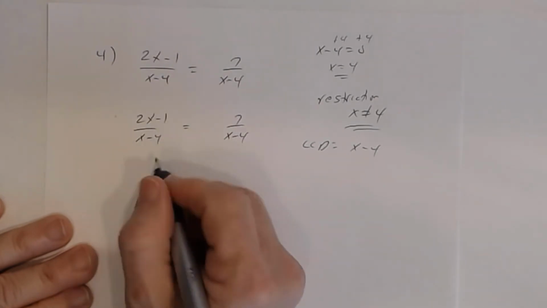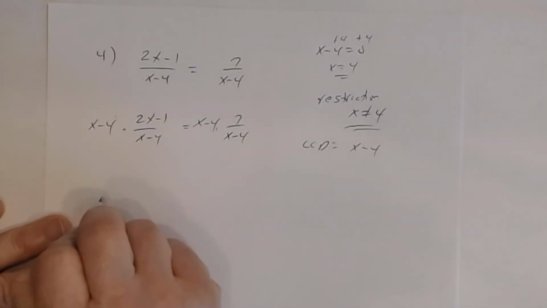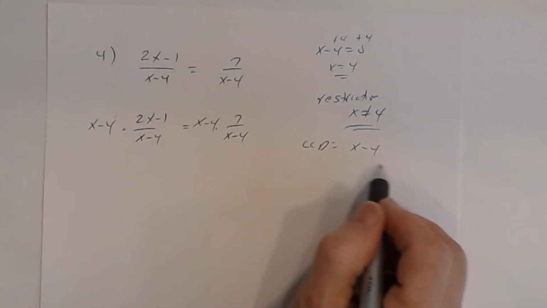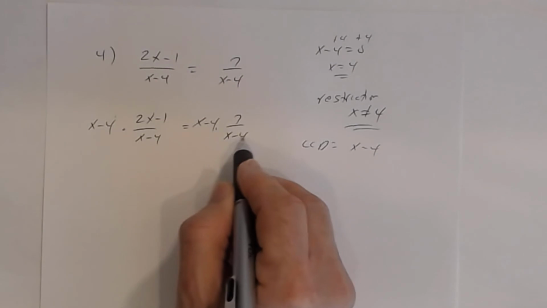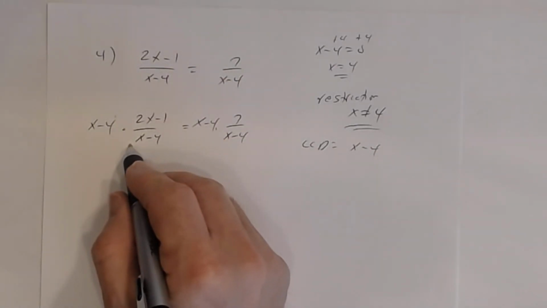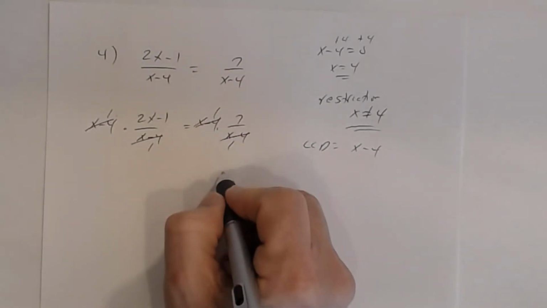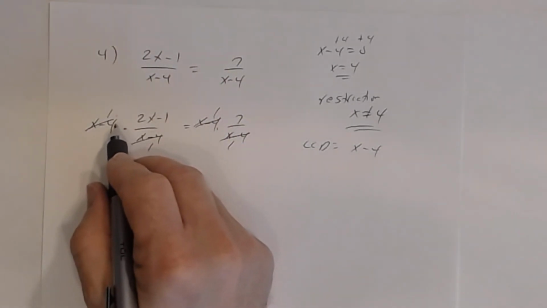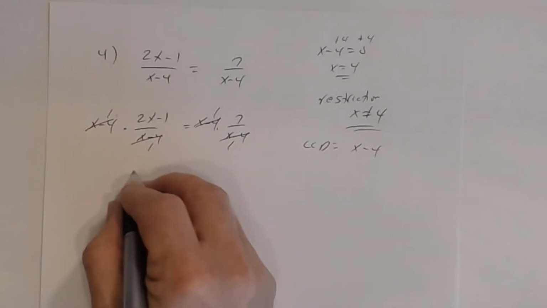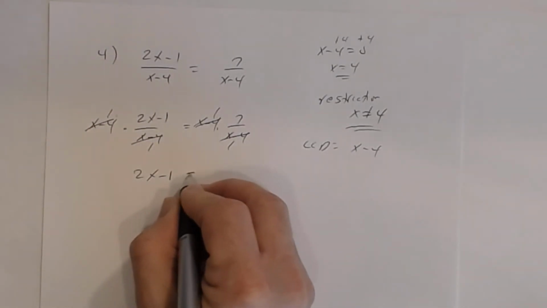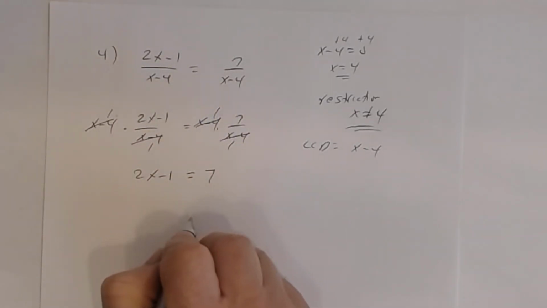So now I'm going to multiply both sides by the LCD, x minus 4. And remember, the whole point of multiplying by the LCD is to get these denominators to be 1s, and they now are. The x minus 4's divide out. And now notice what you have. 1 times 2x minus 1 is 2x minus 1 equal 1 times 7 is 7.